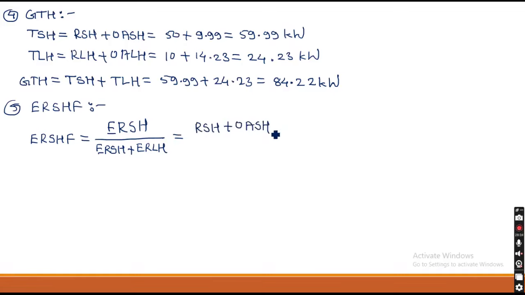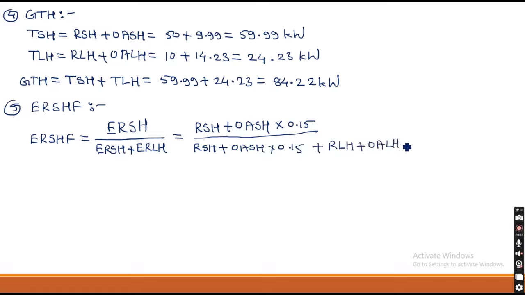So this is total sensible heat, but because of bypass factor, we are not getting 100% efficiency of the coil, right? That means we are not getting supply condition as a coil temperature. So we have to multiply this by bypass factor, that is 0.15, divided by the same room sensible heat plus outside air sensible heat multiplied by 0.15, plus room latent heat plus outside air latent heat.